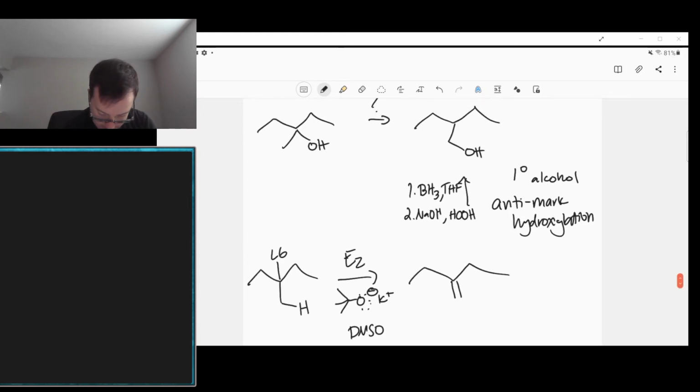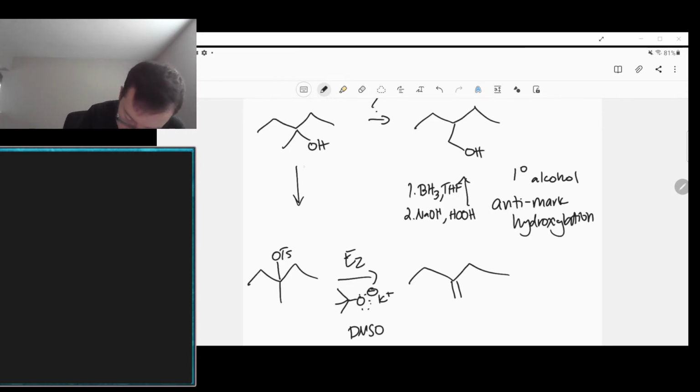Well, we have an alcohol originally. Is there a way to make an alcohol into a leaving group? And yes, there is. That leaving group would be the tosyl.